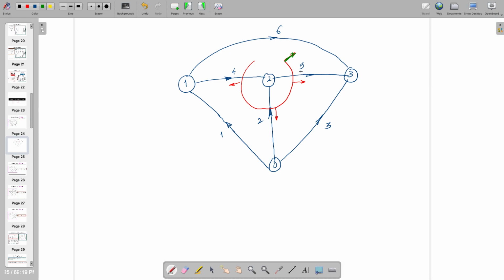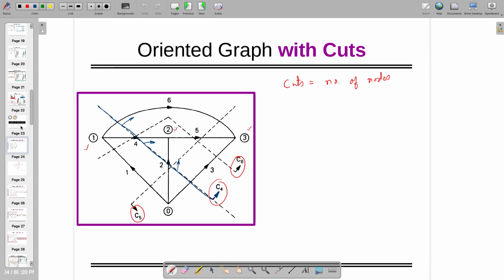So then you can write down the equation. If both are in the same direction, then it's plus. If this is in a different direction, this is minus, and it is also the other direction, so it's like this. Same thing let's apply here, because at the beginning of the chapter they have given the difficult cut set, I believe. So that's why we didn't get the correct answer last time.